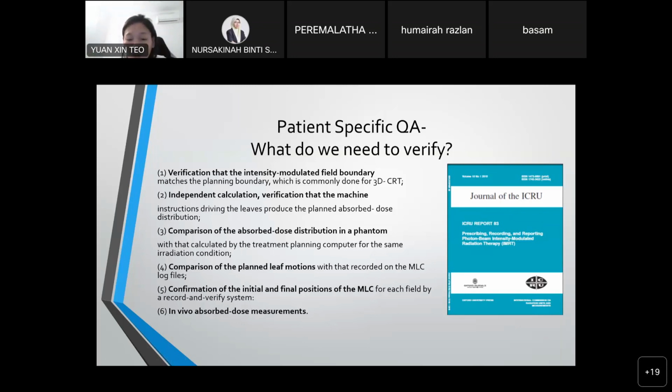So it means we send the plan from the treatment planning system to this record and verify system. Then only the machine will grab the information from this system to treat the patients. So we will need to confirm every field created in the system is correct or not. And also we can create in vivo absorbed dose measurements.